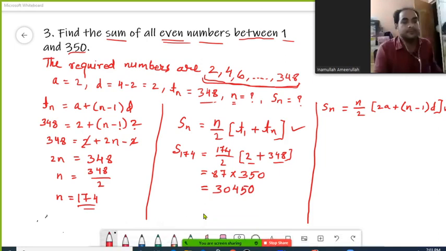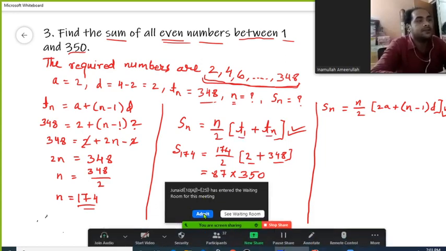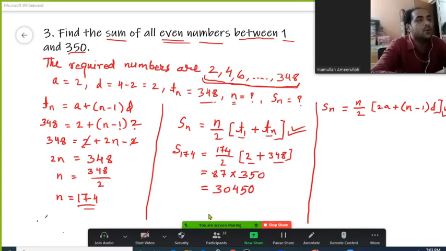But the question is, why are we using this formula, why not that formula? As I told you earlier, the selection of the formula is based on the given information. If the first term and last term of the sequence are known, you can use this formula.